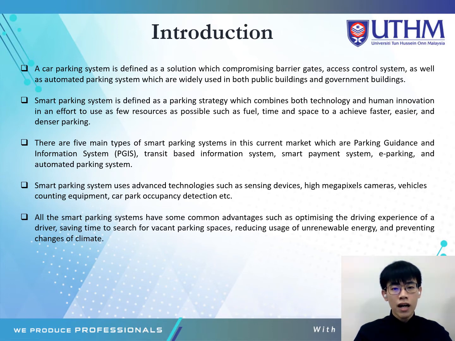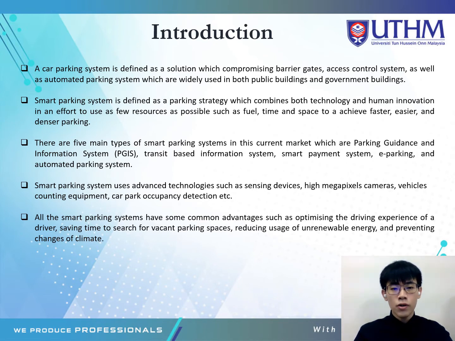There are 5 main types of smart parking system in the current market, which are known as Parking Guidance and Information System, PGIS, Transit-Based Information System, Smart Payment System, e-parking, and lastly, Automated Parking System.